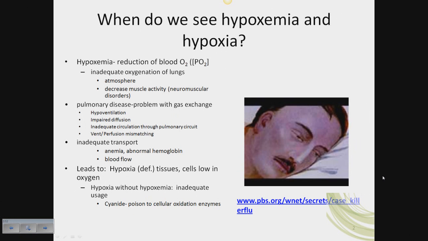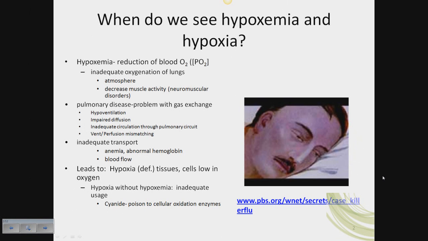Maybe the person's anemic, or the hemoglobin is made aberrantly and can't transport oxygen, or there's low blood flow. The hypoxemia, which means low oxygen content in the blood, as I just said, can lead to hypoxia, which means low oxygen content in the tissues.